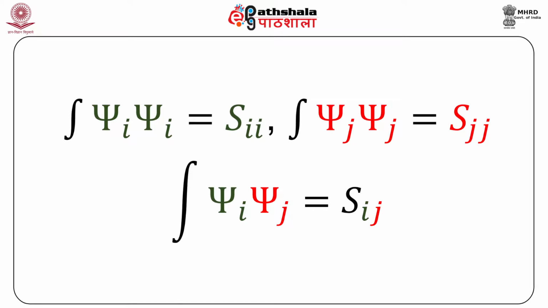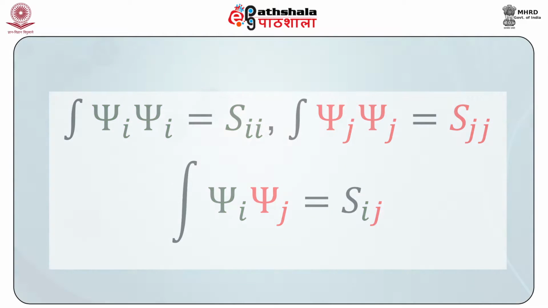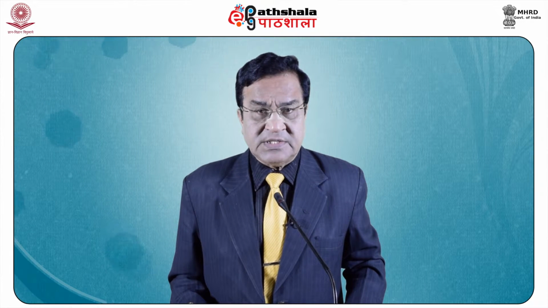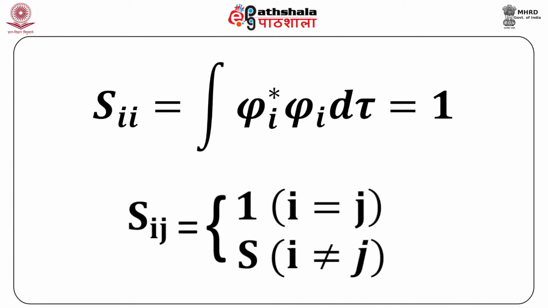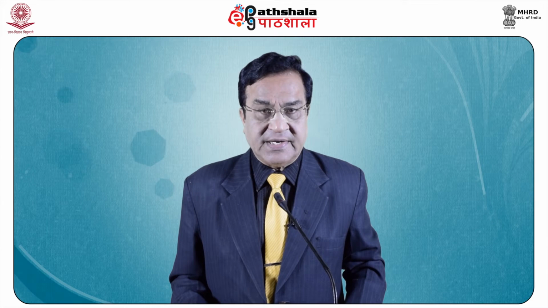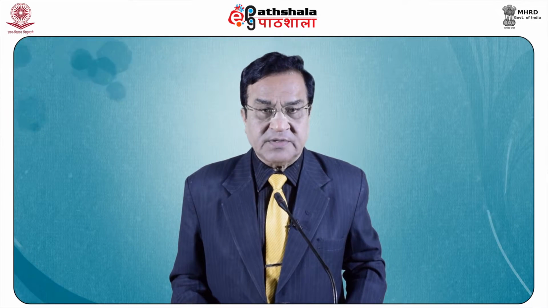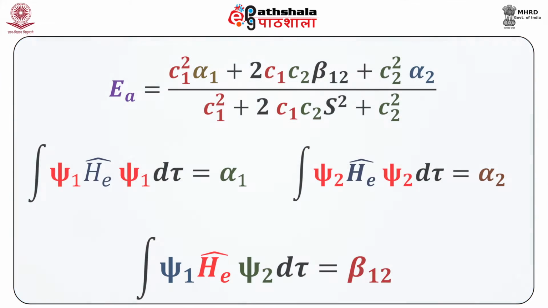Now ultimately we have three terms in the numerator and three terms in the denominator, because we have combined two terms. If we simplify further, these integrals can be summarized as you can see here, and the overlap integral has been defined. On simplification we get the corresponding expression for Ea, which becomes equal to C1 square alpha 1.